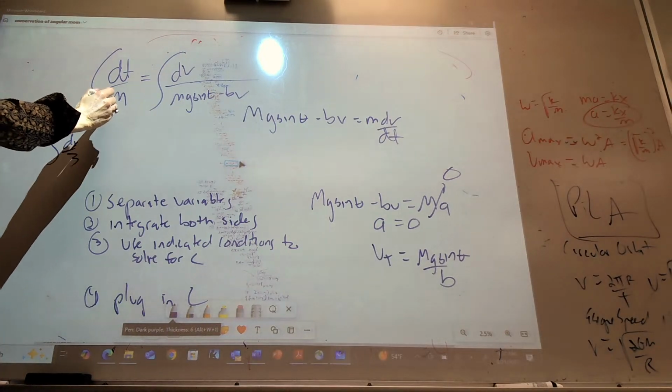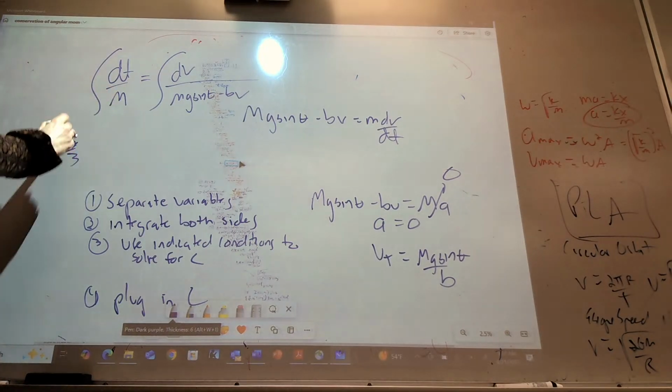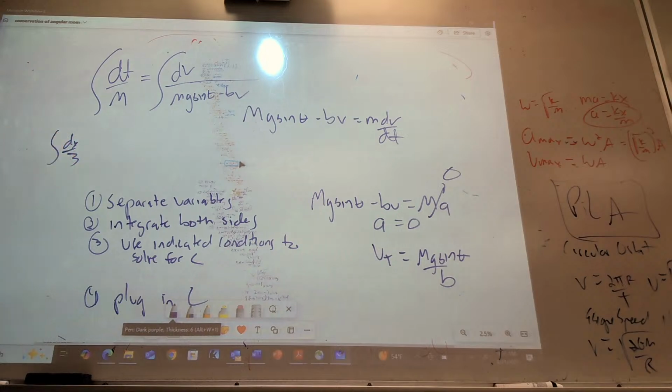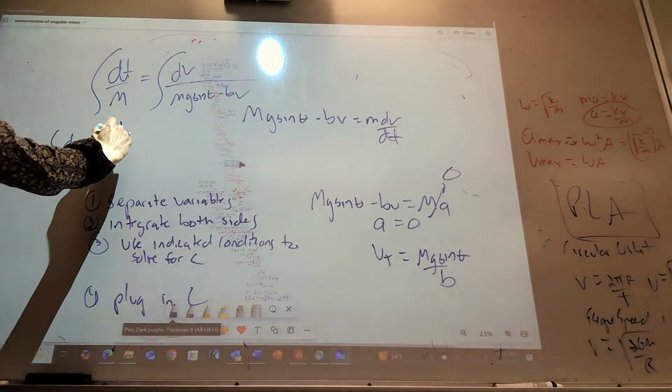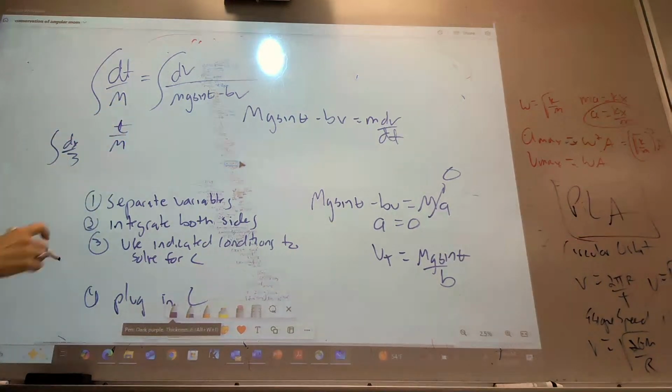This is a constant. Just like if you have 1/3, what's the integral of 1/3 dx? You have to know this on the final. It's 1/3 x. So what's the integral of this? 1 over m times t. T is here. 1 over m t.